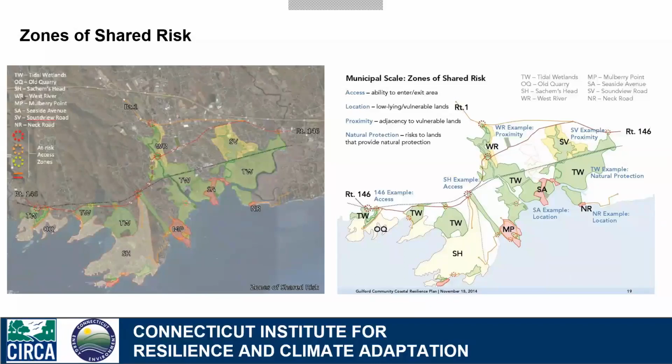But Sachem's Head also has a pinch point at the northern portion that floods maybe once a month or maybe a little bit less, but that pinch point impacts the entire population within the SH boundary. And recognizing these pinch points and starting to define these zones where risks are shared helps a planning team target specific subpopulations to negotiate adaptation solutions.